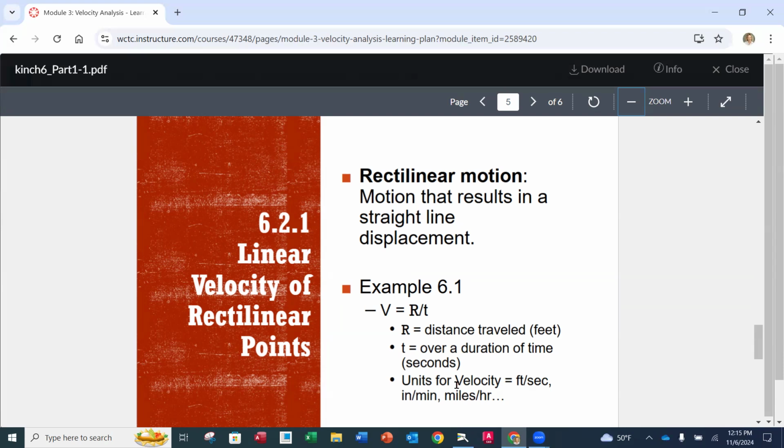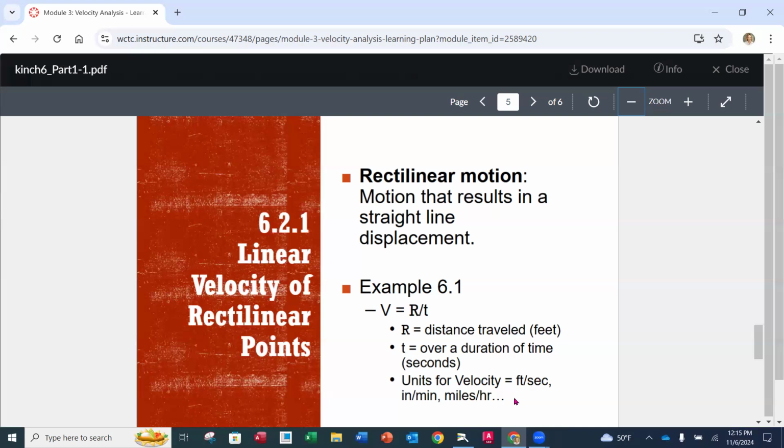Okay. Now, when we look at units of velocity, they're going to come from the actual equation. You'll notice that in this equation, because we take distance divided by time, distance is on top, in the numerator, and time is in the denominator, on the bottom. So that's going to coincide with the units that we see.